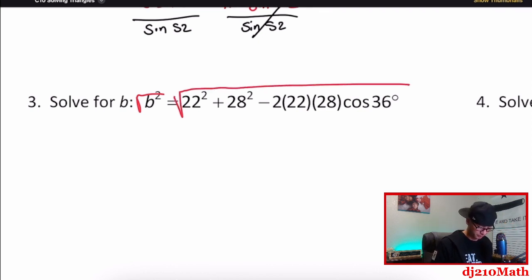B is equal to the square root of 22 squared plus 28 squared minus 2 times 22 times 28 cosine 36.